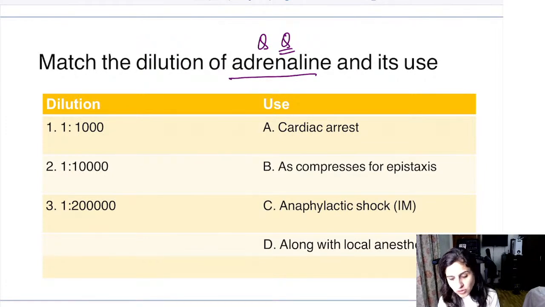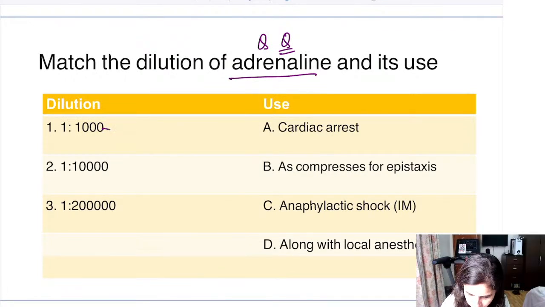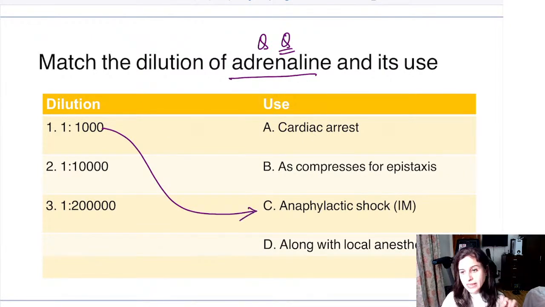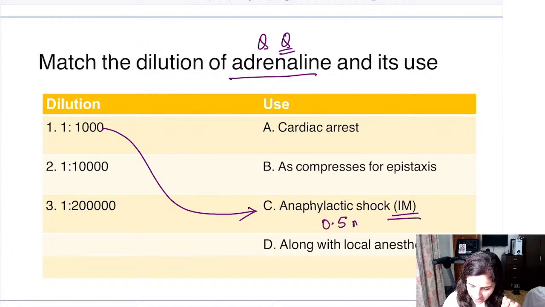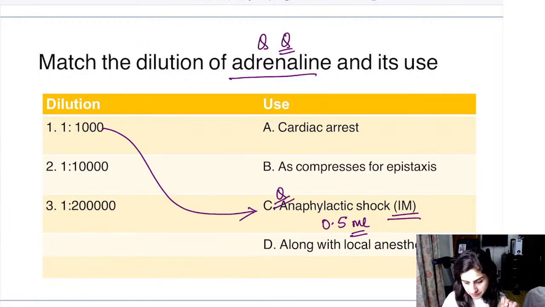So 1 in 1000, 1 in 10,000, 1 in 2 lakh. 1 in 1000 is used in management of anaphylactic shock. You give it by the intramuscular route, 0.5 ml IM of 1 in 1000. This is absolutely important, very important to remember.